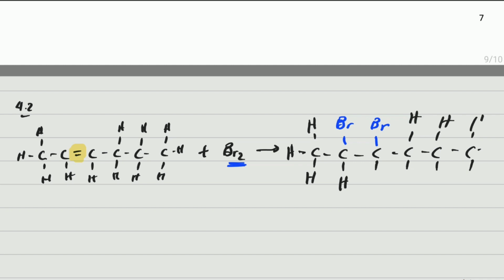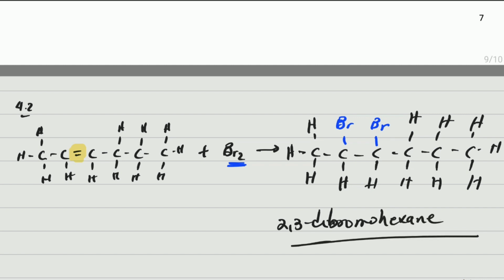And this is the product that forms. Now, what will the name of this product be? It's not a question, but it's good practice. It's going to be 2,3-dibromohexane, and this is the compound that is formed in this reaction.